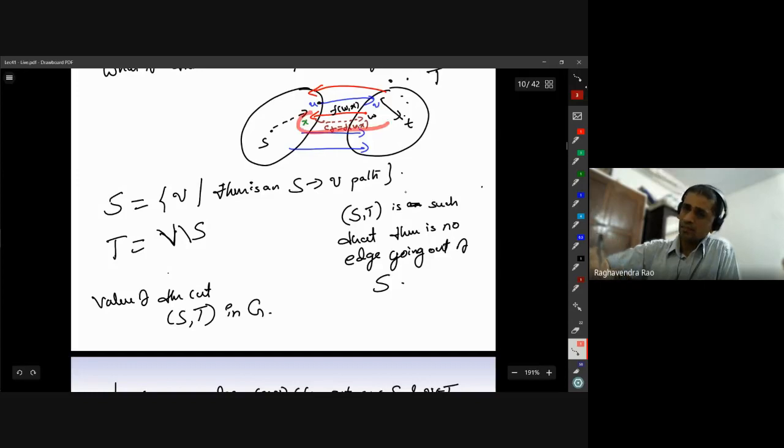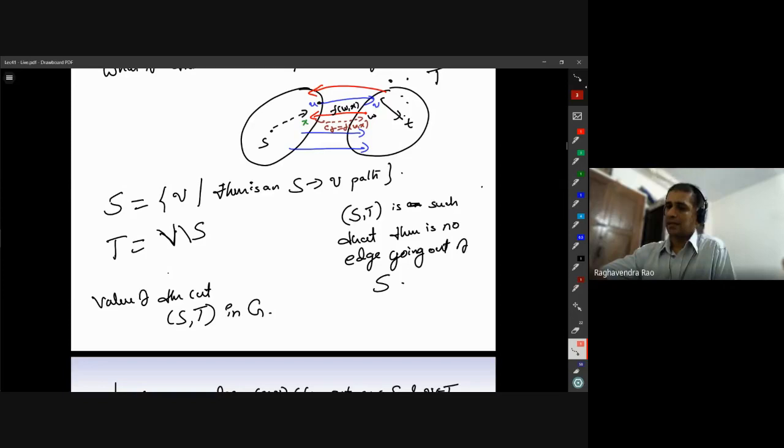So in this case, what was the capacity given? The capacity is the flow assignment to that edge. But we know that the residual capacity must be 0. That means the flow assignment to that edge is 0.